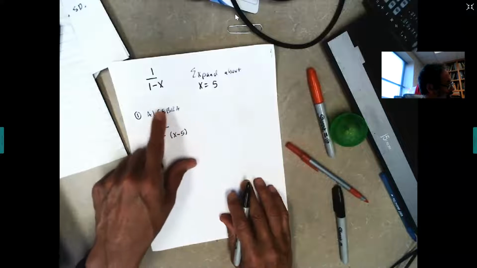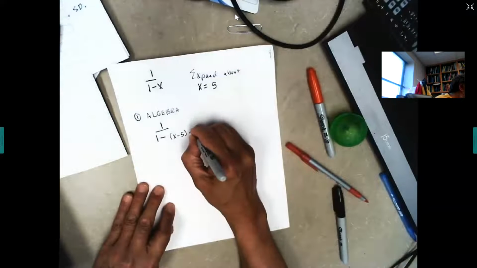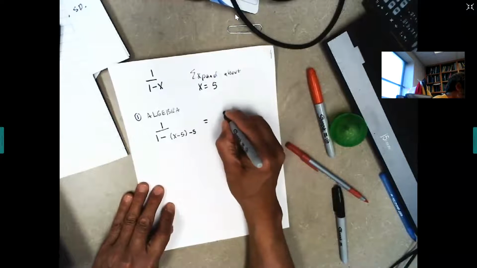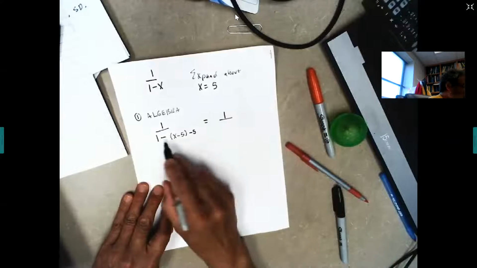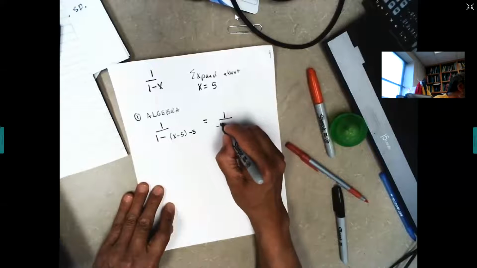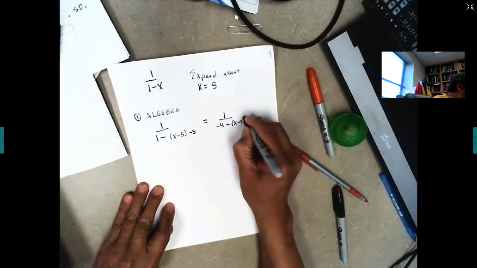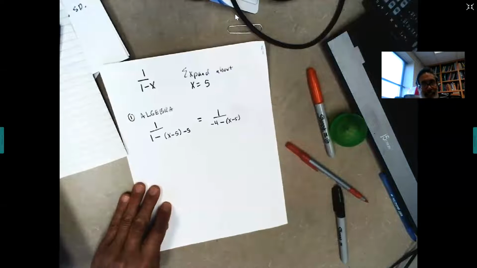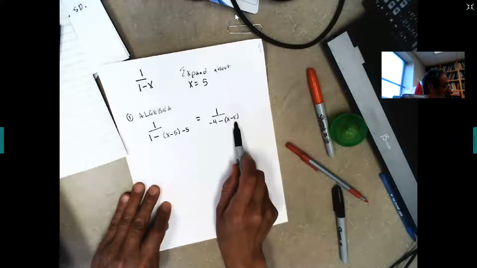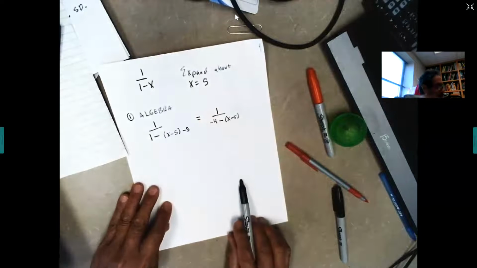So you've actually added 5 to the denominator, so you have to subtract 5 so as not to change anything. Now this becomes 1 minus 5, which is minus 4, minus x minus 5. And you can check that this is correct because minus 4 minus a minus 5 is a plus 1, and minus x is that.